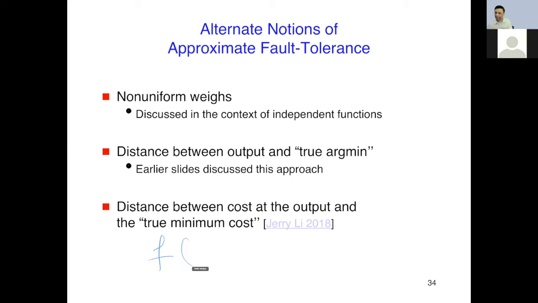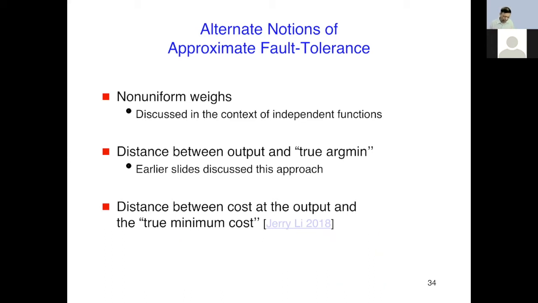F is a summation of f_i over i belonging to G. So what I may be trying to bound is this instead, right? This value. I'm not giving a bound for x star minus x hat, that distance, but I'm giving you a bound between the cost values at x star and x hat.